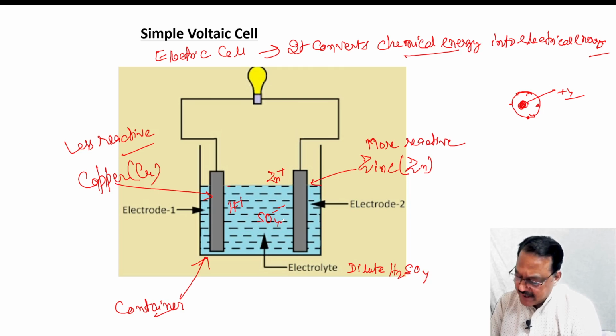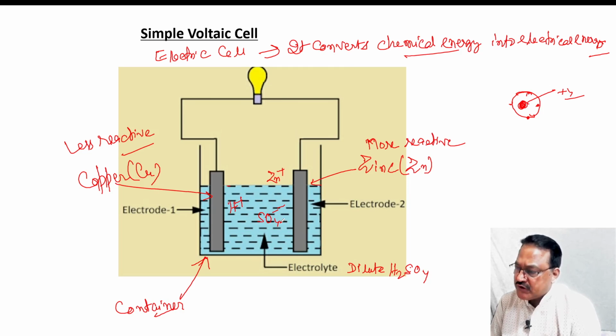The hydrogen ions are attracted by the less reactive conductor, copper, and they are deposited on this copper plate.